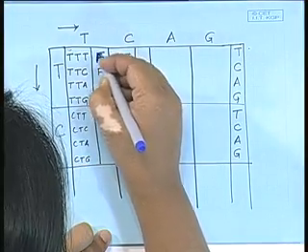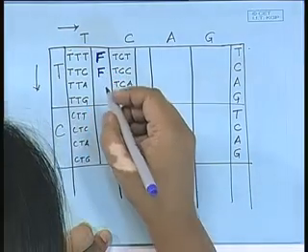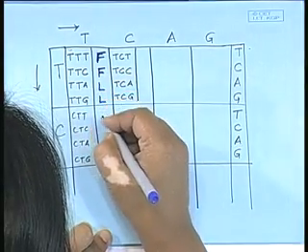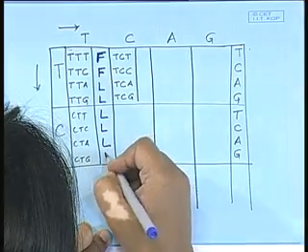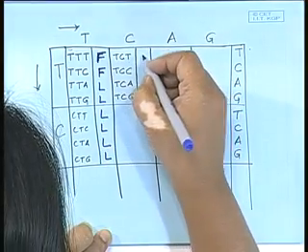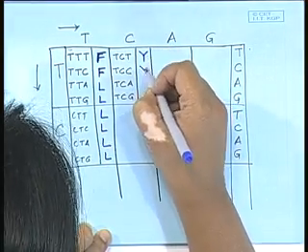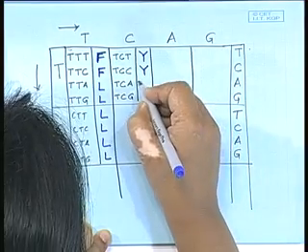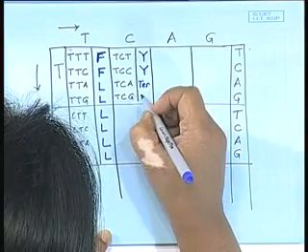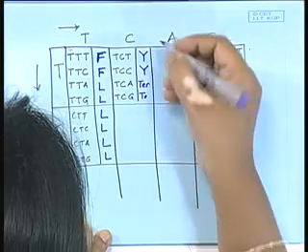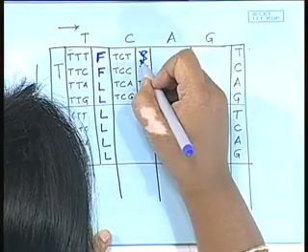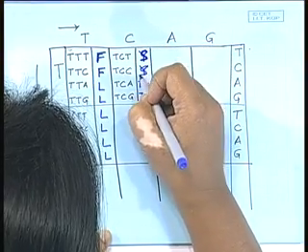These code for phenylalanine. These code for leucine. This codes for tyrosine. This is actually a terminal codon. No, not this one. This is serine. Sorry. All of these are serine.